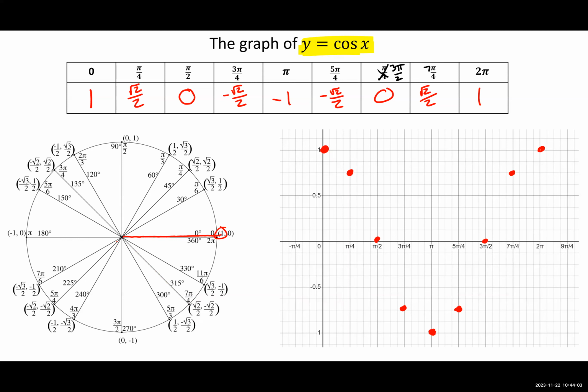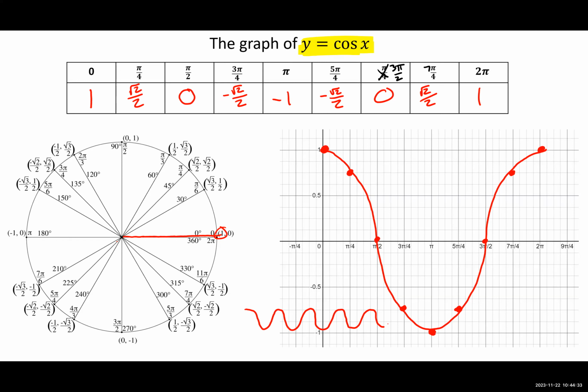Same as with the sine graph, the cosine is smooth, no sharp corners. So it looks like that. And if we keep going, as with the sine graph, we will get the same image repeated over and over.